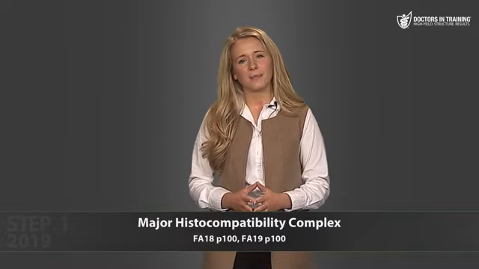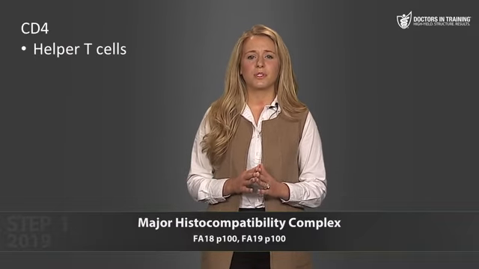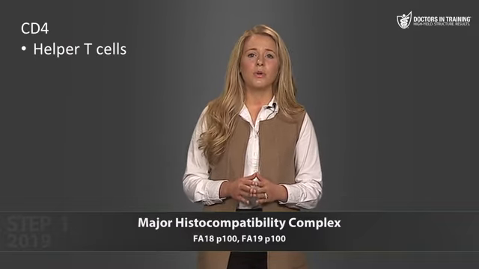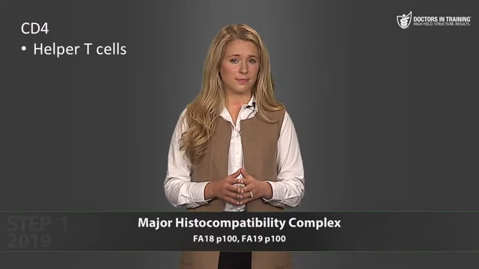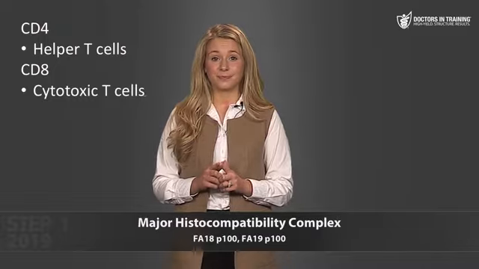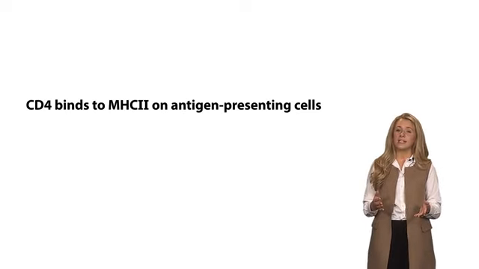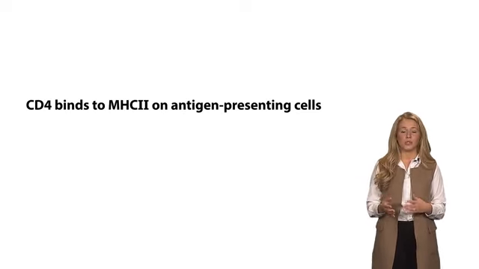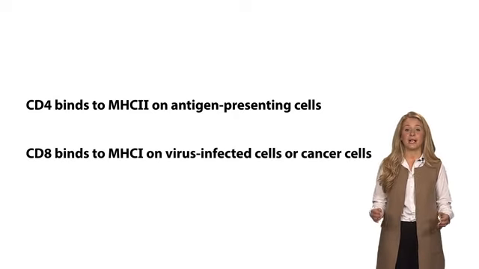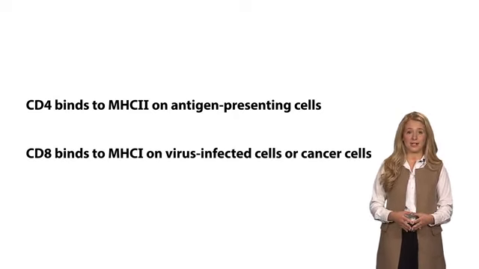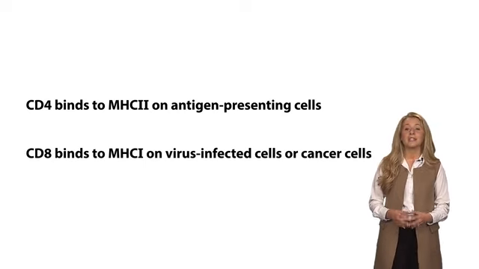So think back. If CD4 was the surface marker for helper T cells, what did we say the marker was for cytotoxic T cells? That was CD8. So just like the CD4 binds MHC class II on antigen-presenting cells, CD8 binds MHC class I on virus-infected cells or cancer cells, and then the cytotoxic T cell kills those cells.